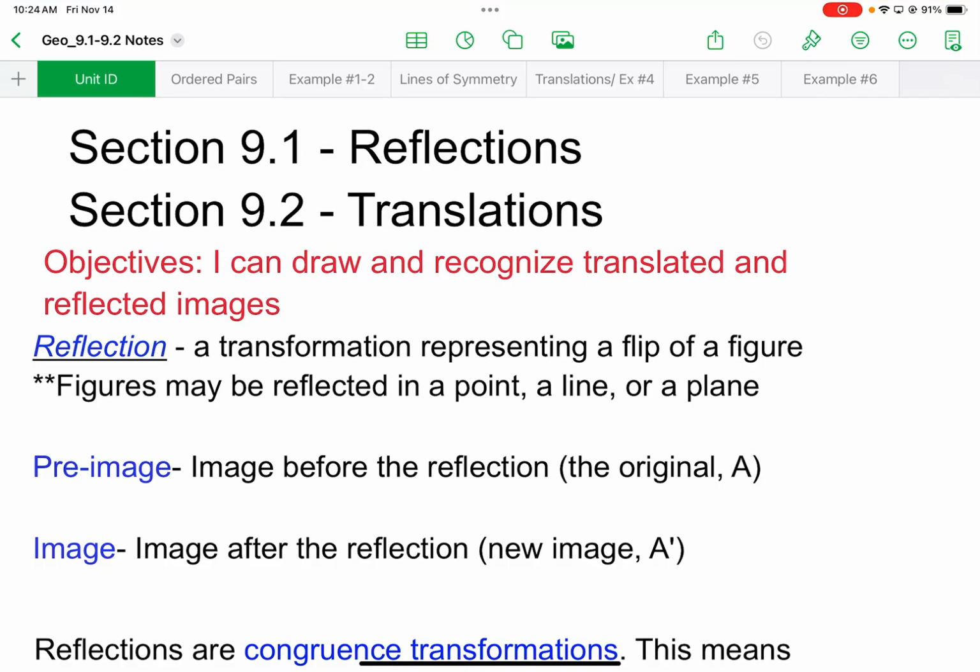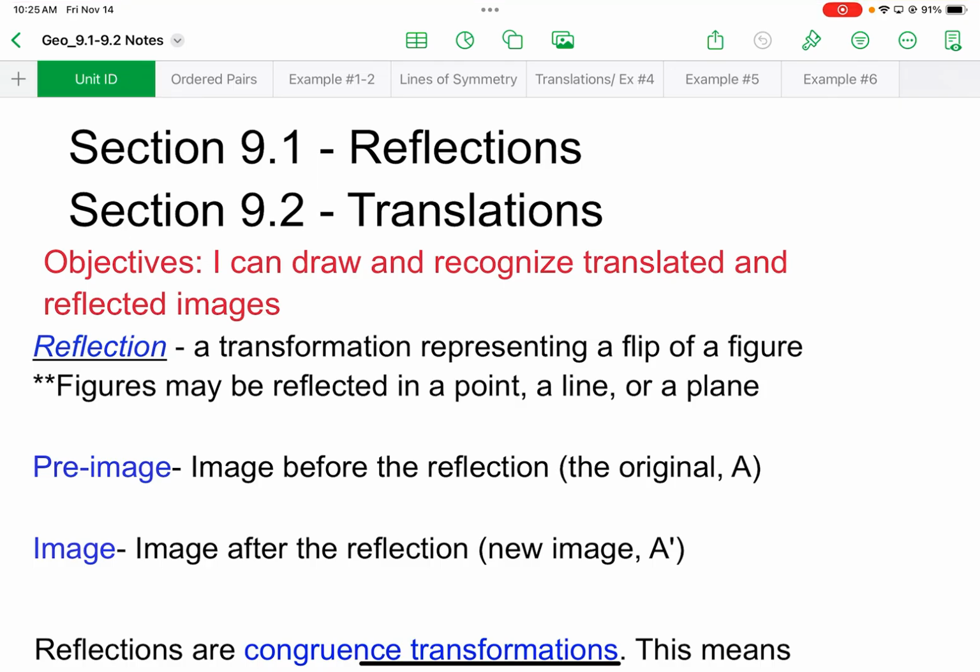Either way, what we're going to do is take figures, whether they're triangles or otherwise, and move them around our coordinate grid. For the first part, we're going to do reflections, and then we're going to talk about translations. If you reflect something over a line, what happens to it? That would be like moving it over a vertical line.